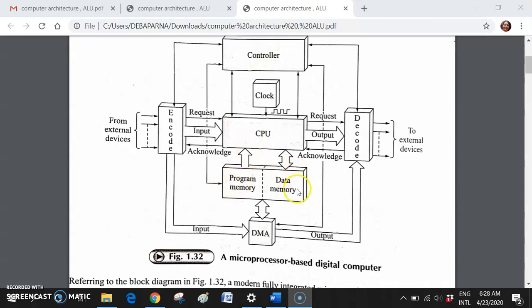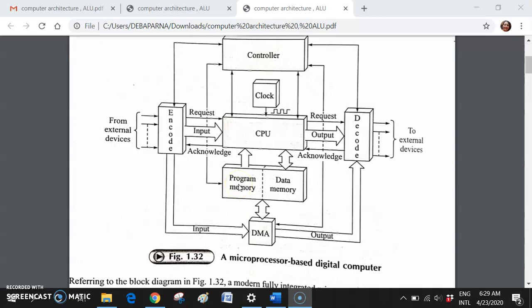This is the memory unit. The memory unit is further divided into two parts: this is the program memory, and this is the data memory. In program memory, the program is stored.